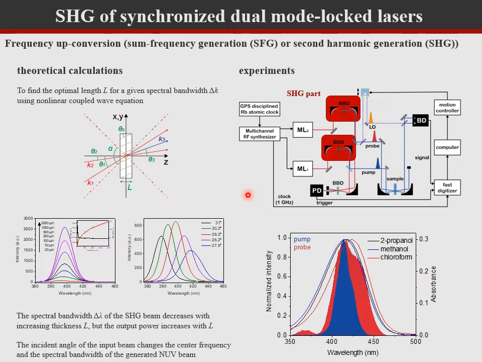Using these simulations, we generated the pump beam with a narrow bandwidth of 1162 wavenumbers and output power of 1 nanojoule per pulse, and the probe beam with a broad spectral bandwidth of 2300 wavenumbers, in the red box of the experimental setup. The center frequencies of the pump and probe beams are optimized to the absorption of the target molecules in this spectra.